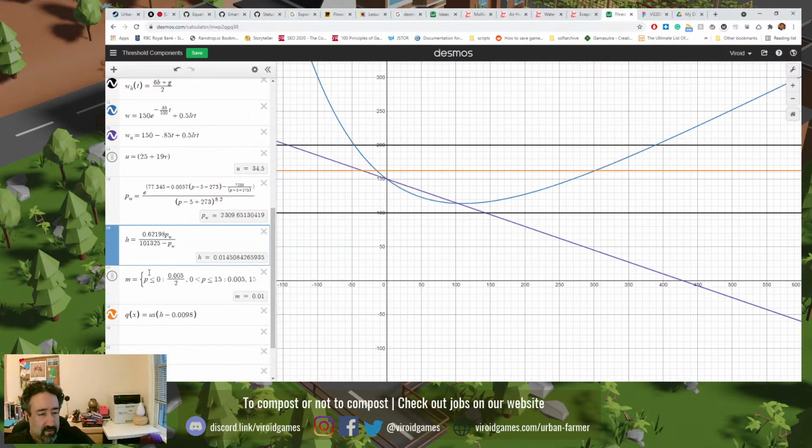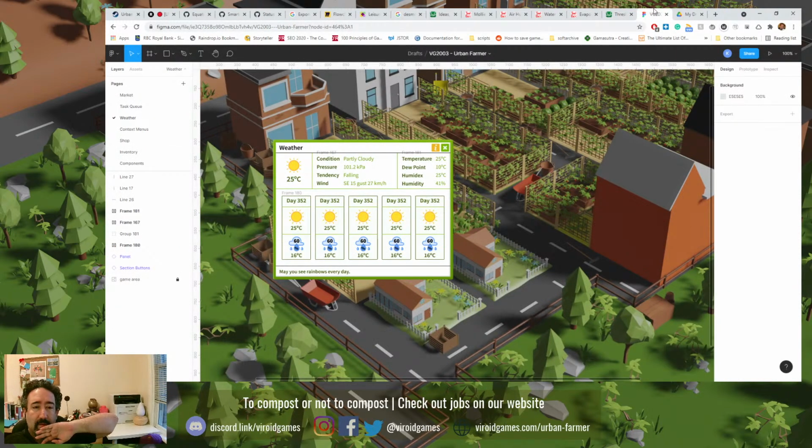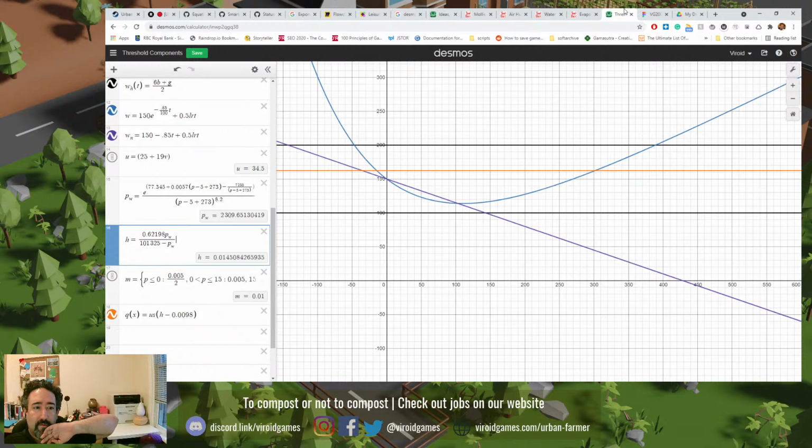But we'll take the standard air pressure, which is this, I believe. So we are in a good spot.